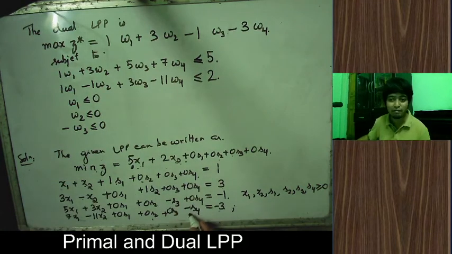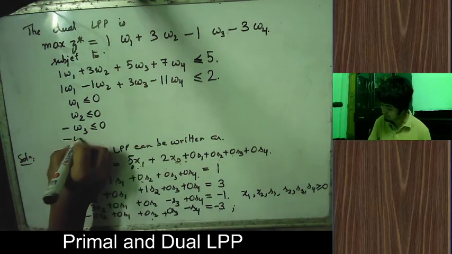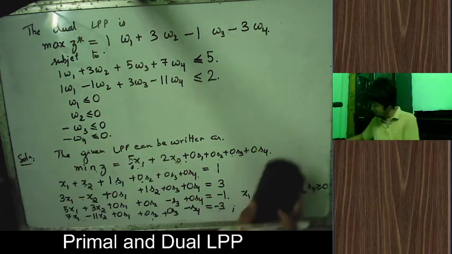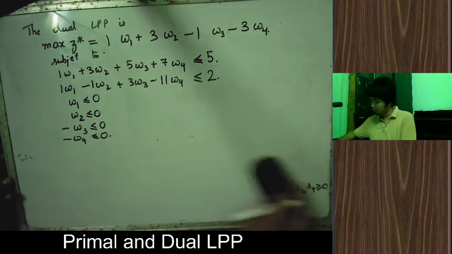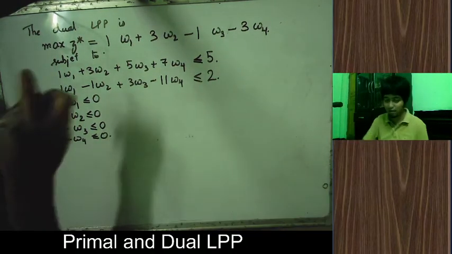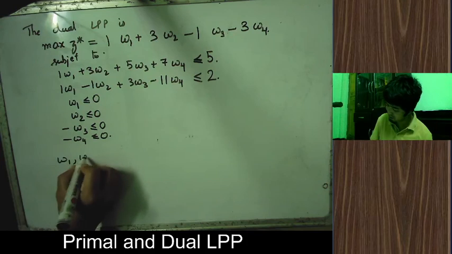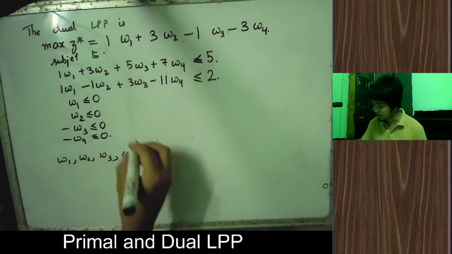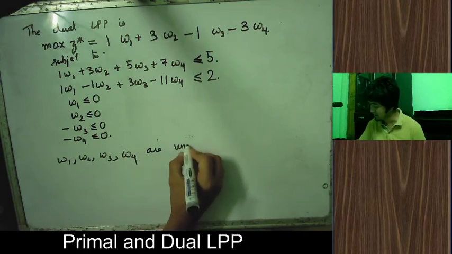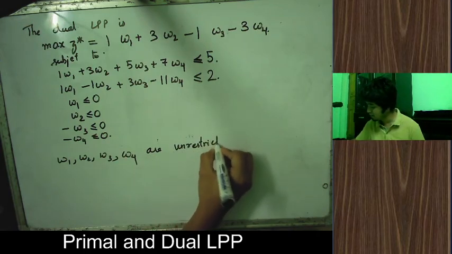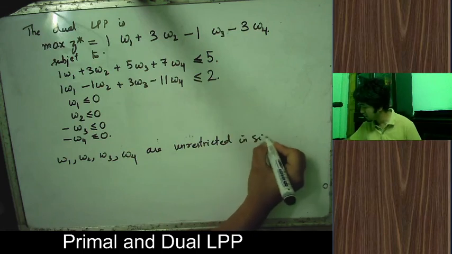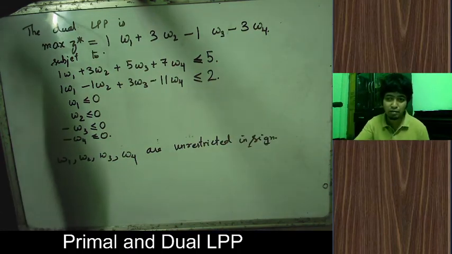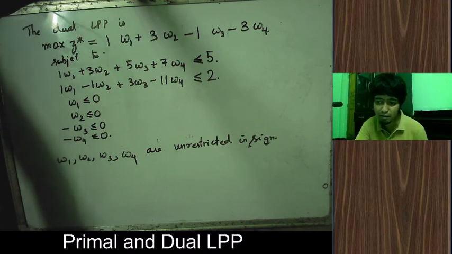Similarly, over here we will be having only minus w4 less than or equal to 0. So ultimately we will have this, which is the dual LPP, where w1, w2, w3, w4 are the dual variables and they are unrestricted in sign. So this is how we form the dual LPP from the primal LPP. Next time.